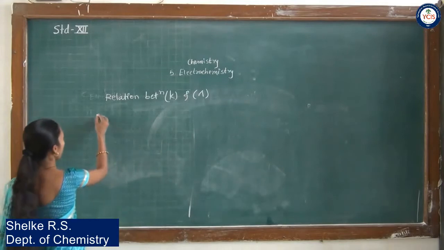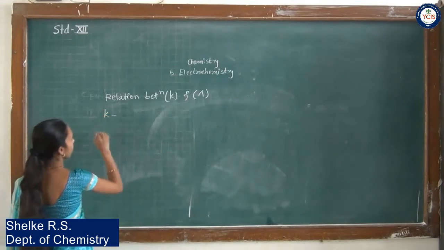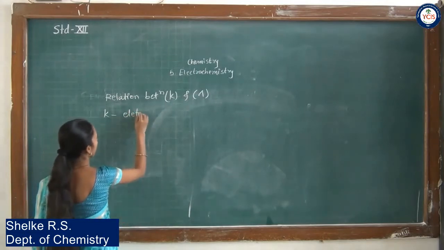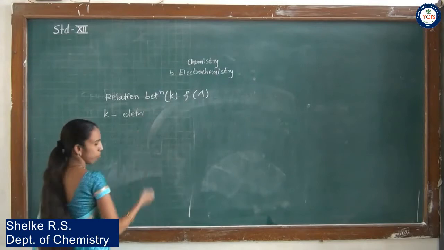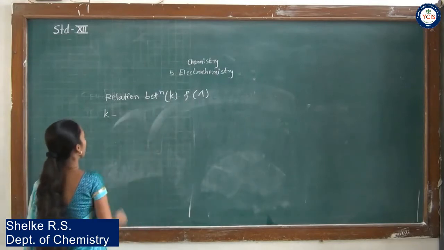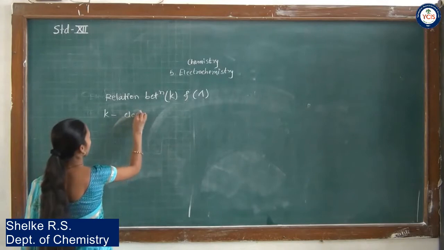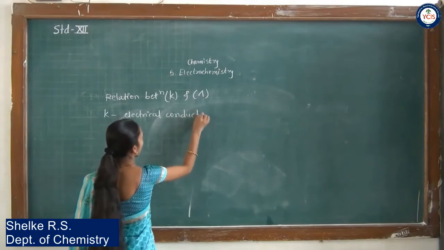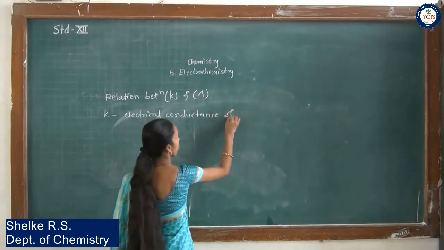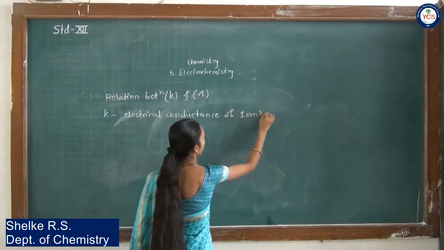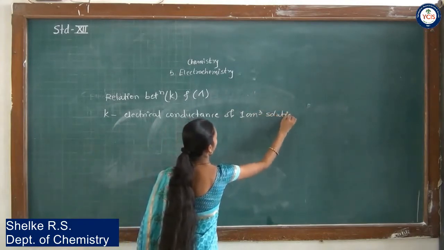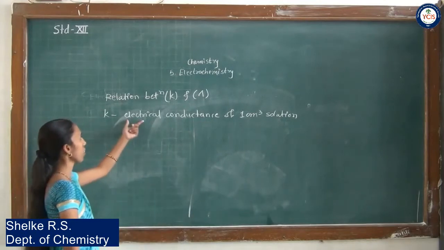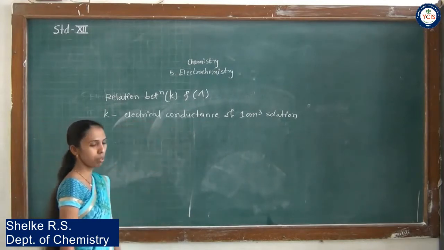Now, how can we find out the relation between K and lambda? So, first point: conductivity is nothing but the electrical conductance of 1 cm cube of solution. Okay, so K is the electrolytic conductivity, we can say only the conductivity, the electrical conductance of 1 cm cube of solution.